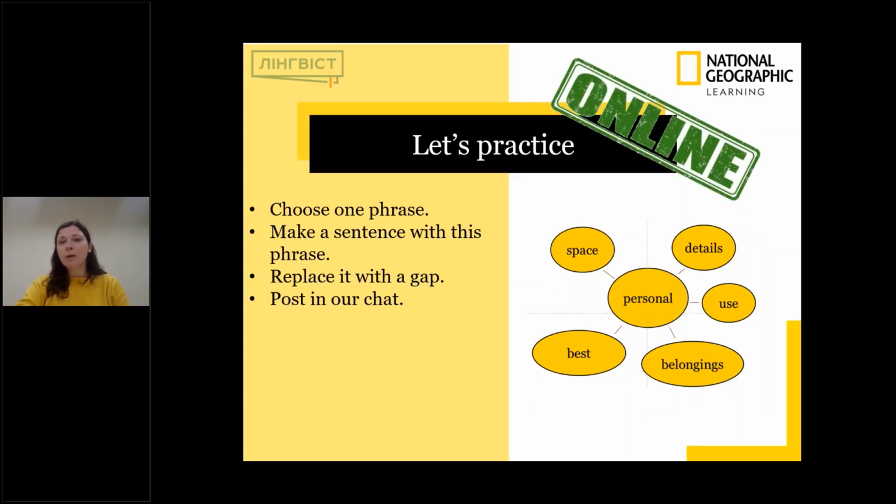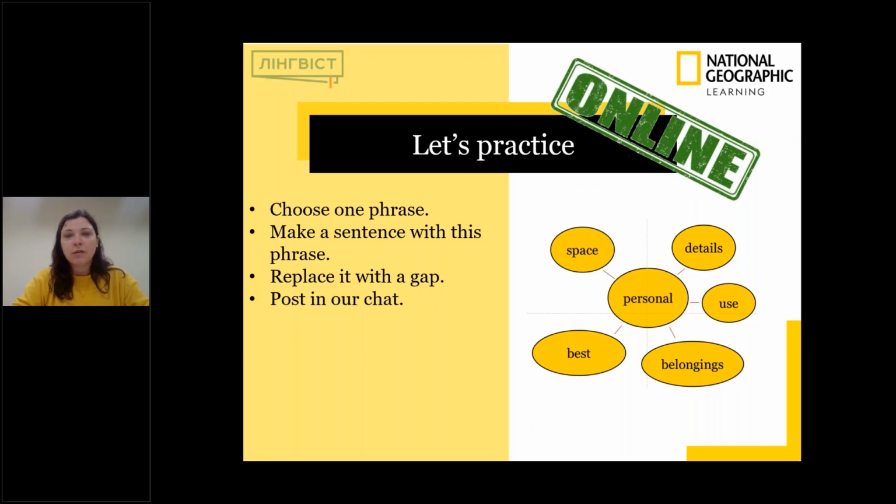What you can do, how you can do this? Invite your students to become active learners and to use these activities. For online activity, you ask your students to choose a phrase. For example, personal details. Make a sentence with this phrase. Like, you need to leave your personal details to get the credit card, for example.